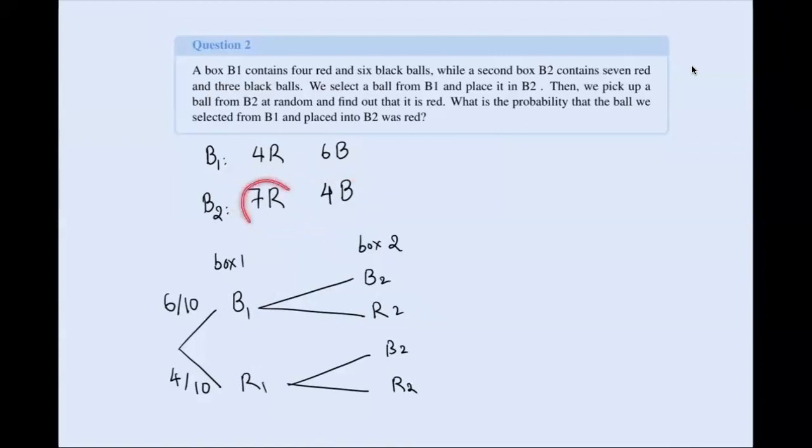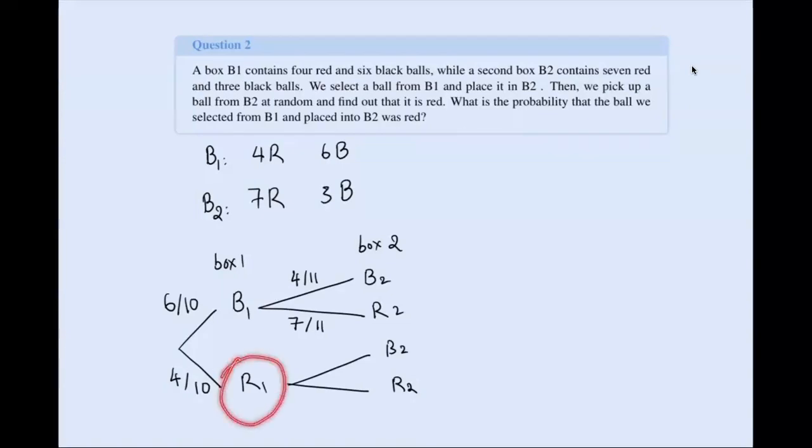Out of that, 7 is red. So 7/11 for red and 4/11 for black. How about this one here? What would be the probability if we use the exact same idea? Yep, looks right to me.